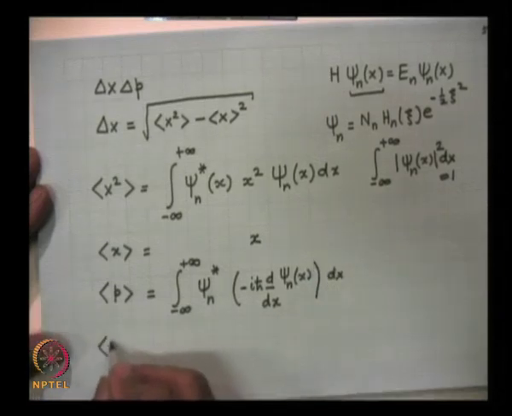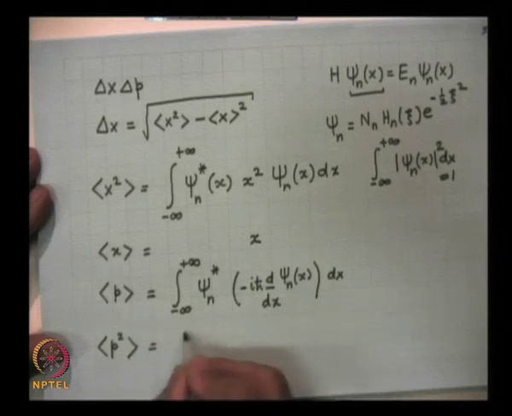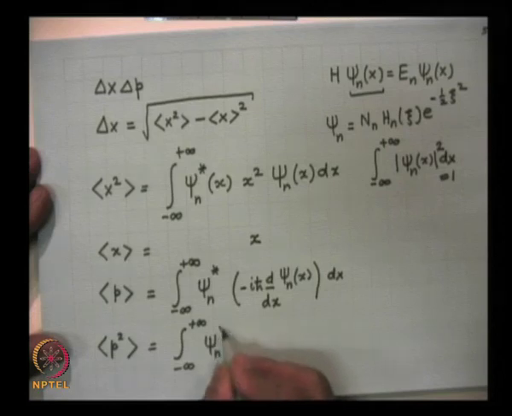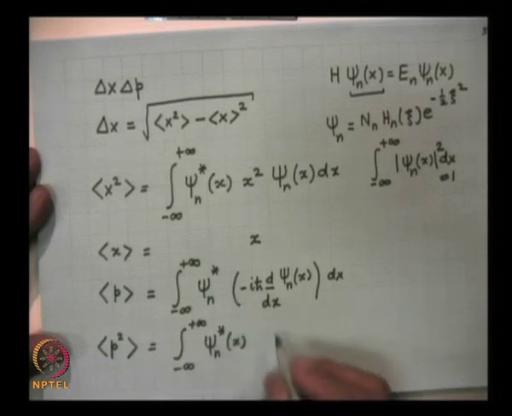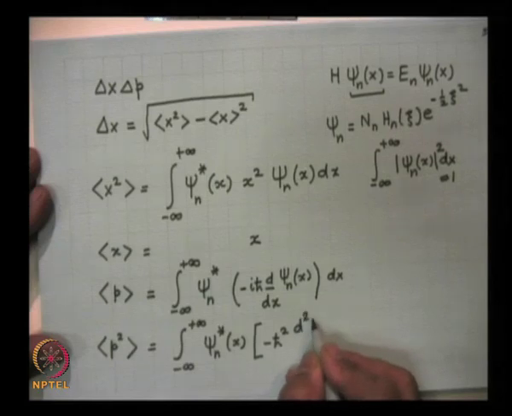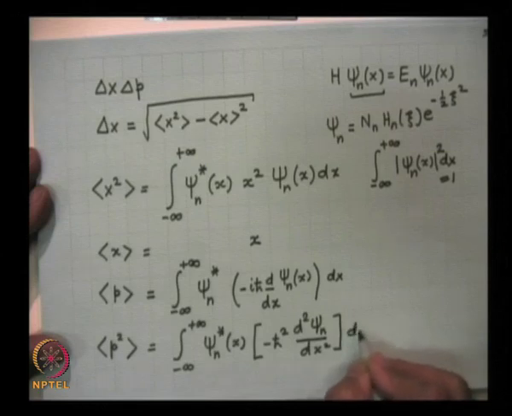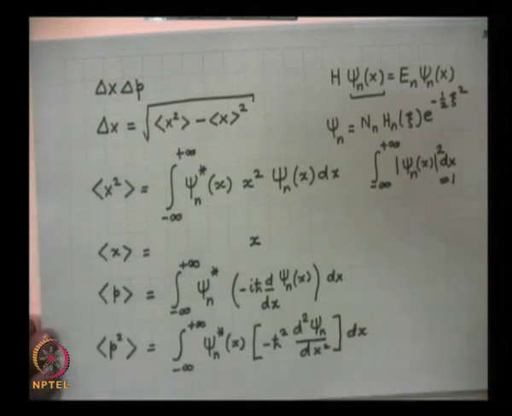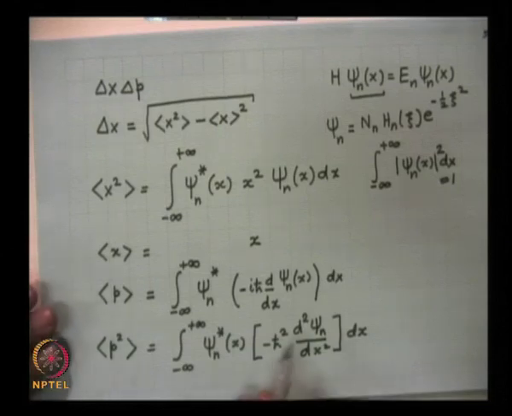Similarly p square will be the integral from minus infinity to plus infinity of psi n star of x, and p square will be minus minus plus then minus. So, this will be minus h cross square d2 psi n by dx square. Now, using the Hermite Gauss functions, it is of course possible to calculate these integrals, but in general they are very cumbersome.